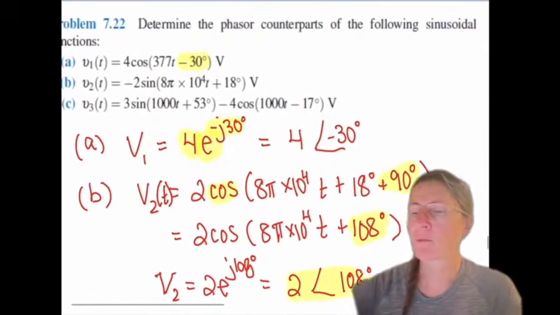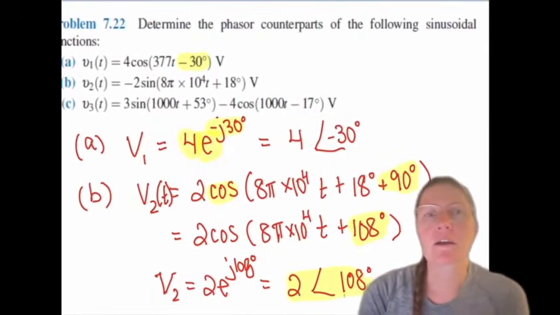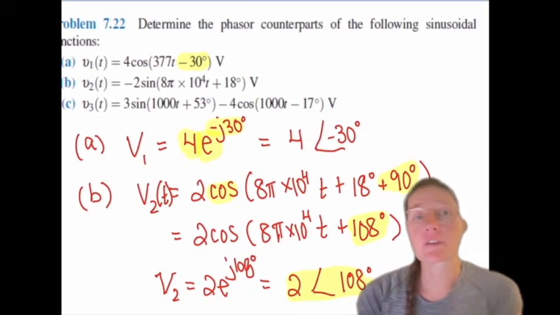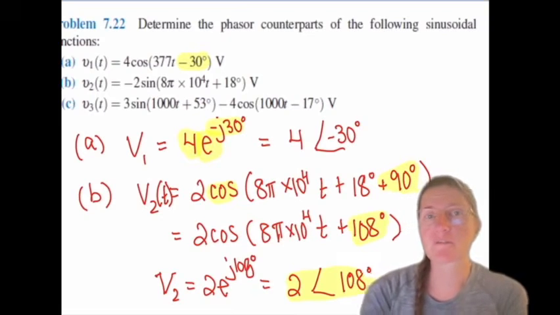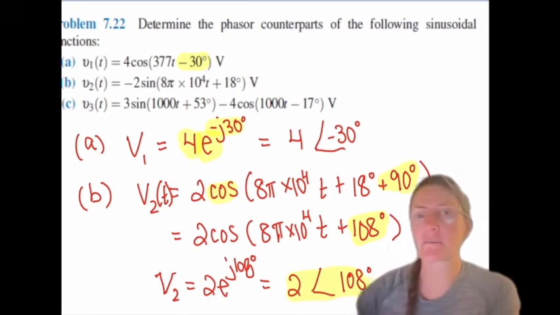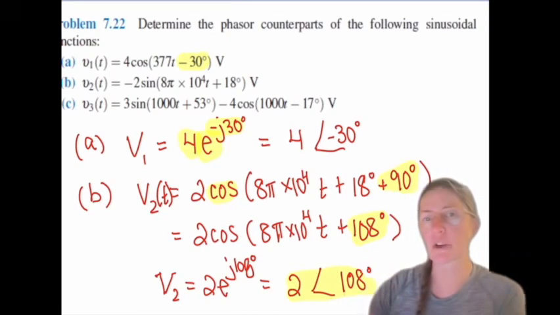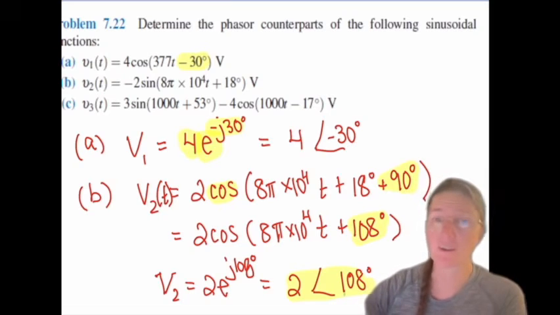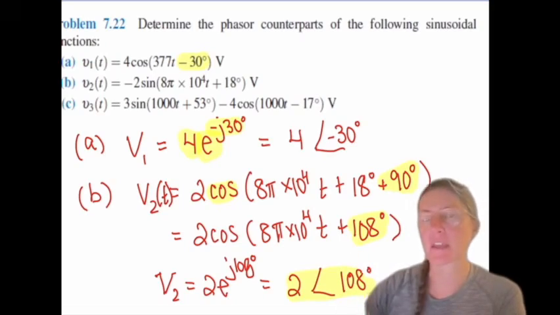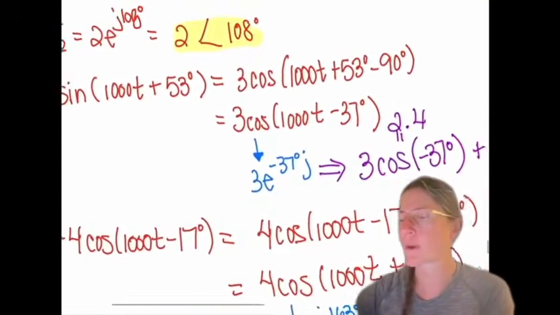For this last problem, you're going to take the 3 sine(1000t plus 53 degrees) minus 4 cosine(1000t minus 17 degrees), and adding them together, first convert into the phasor in polar form, change to rectangular, add them, and then change them back into polar.